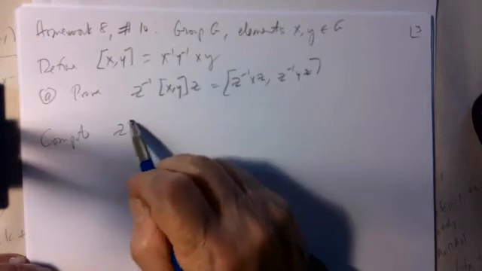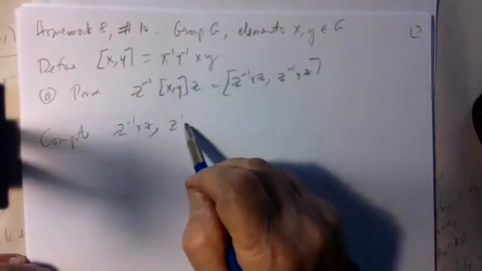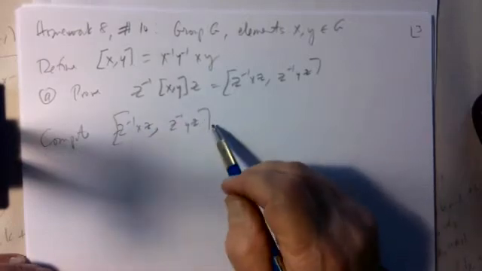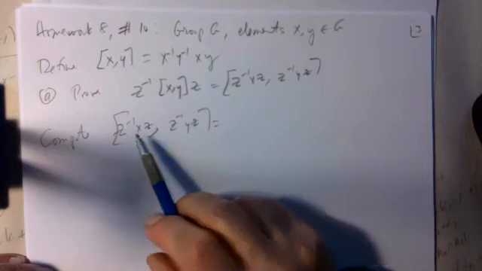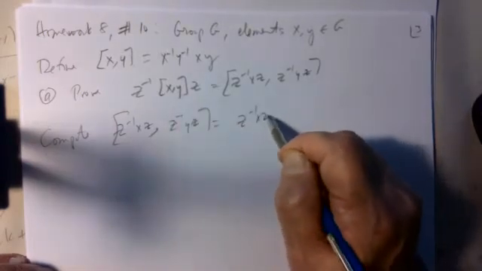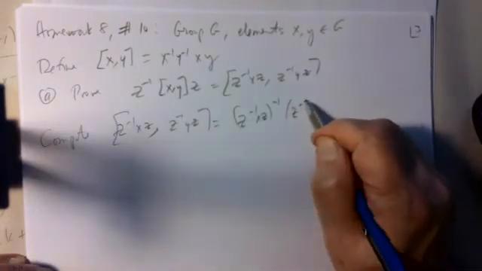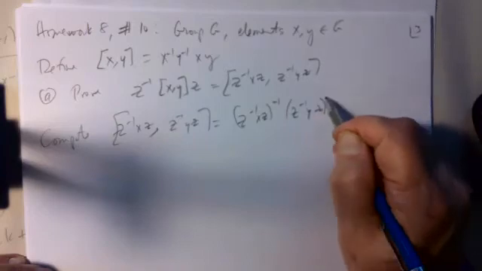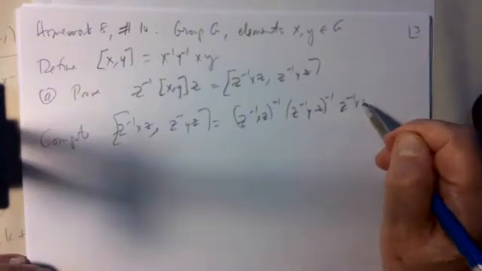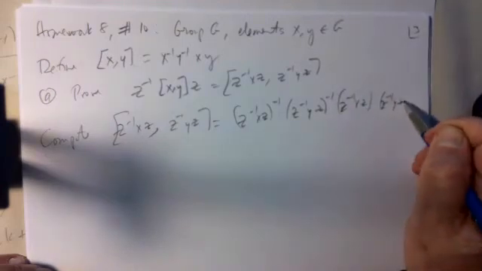If I take [Z inverse XZ, Z inverse YZ], what is that? That's the inverse of the first element, times the inverse of the second element, times the first element, times the second element.